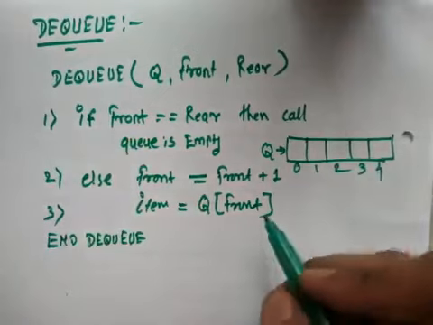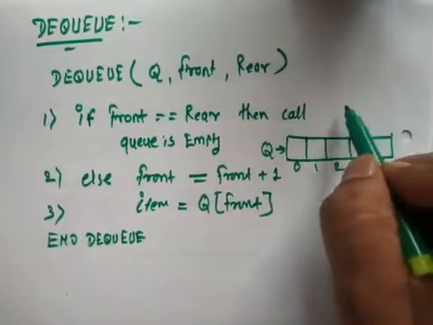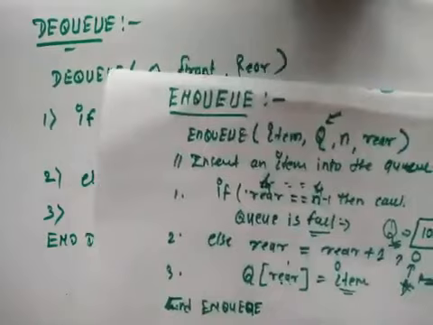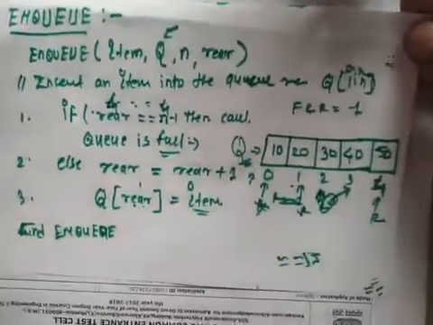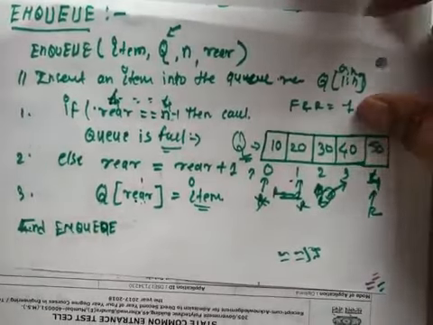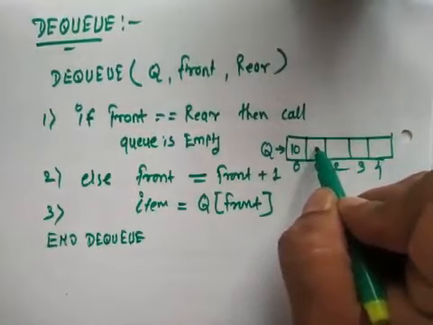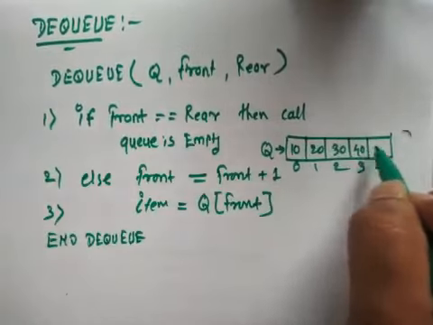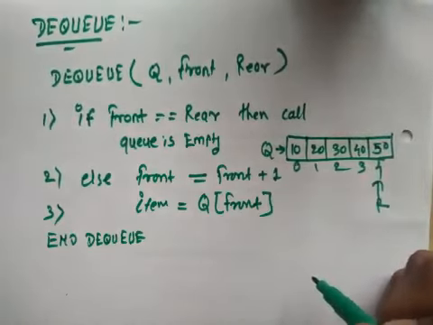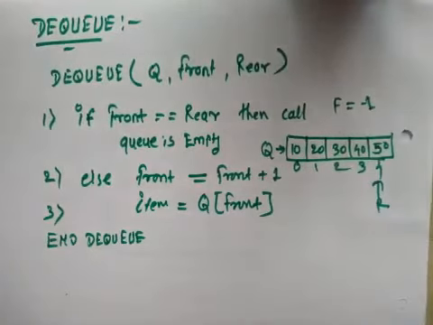Initially, when we created q, front and rear both are pointing to -1 position, but in the NQ function we saw that we insert elements and our rear reached the maximum size. So we put 10, 20, 30, 40 and 50 here. Now my rear is pointing to index 4, but front is equal to -1.